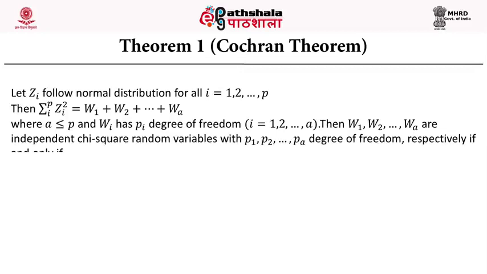This theorem states that if Zi follows a normal distribution for all i varying from 1 to p, and the sum of squares of Zi is equal to W1 plus W2 and so on up to Wa, where a is less than or equal to p and Wi has pi degrees of freedom, then W1, W2, up to Wa are independently chi-square distributed random variables with P1, P2, up to Pa degrees of freedom respectively, if P is equal to P1 plus P2 and so on up to Pa.